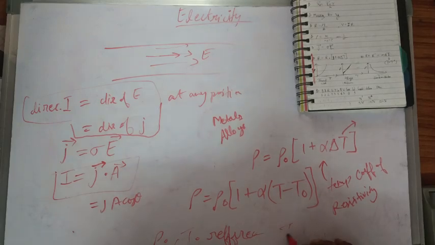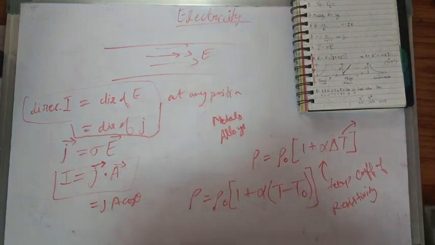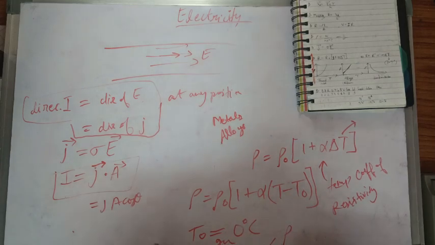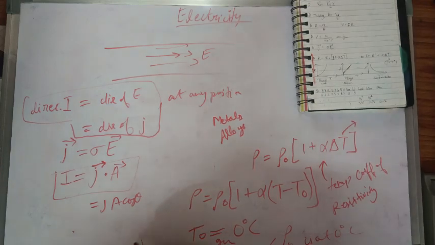Let's say at T naught temperature, the resistivity is rho naught, and both occur at the same instant. Generally T naught is taken at 0 degree Celsius, and therefore rho naught is also at 0 degree Celsius.